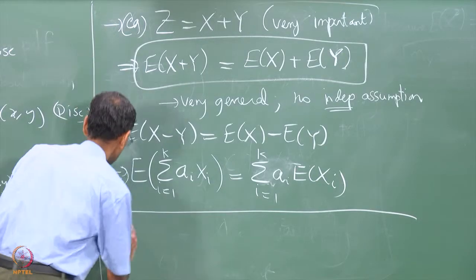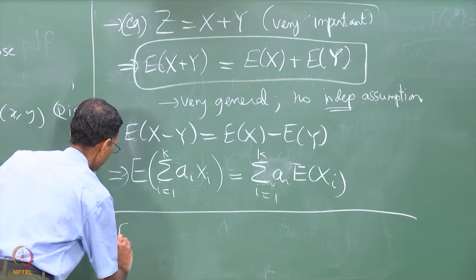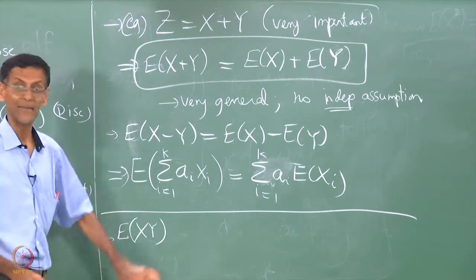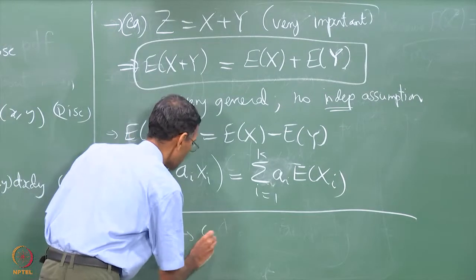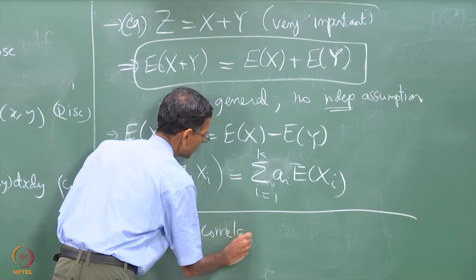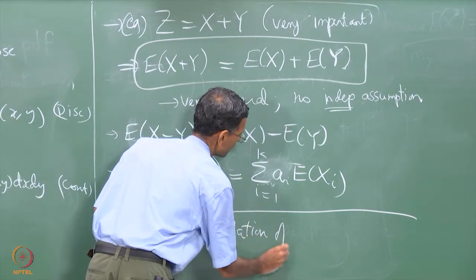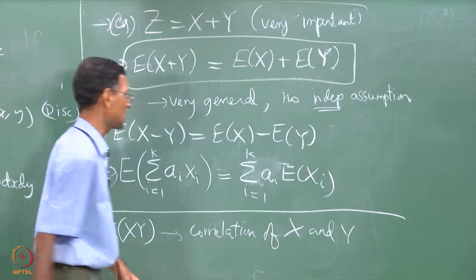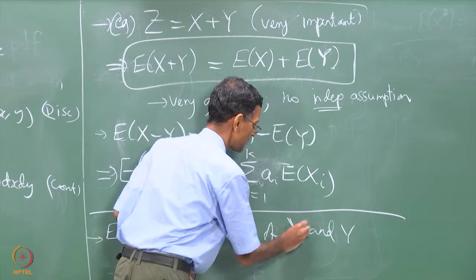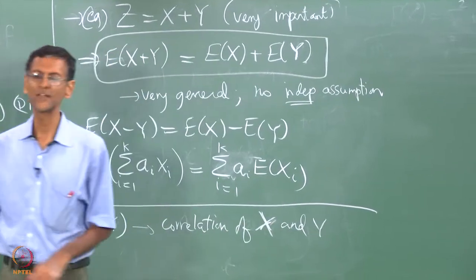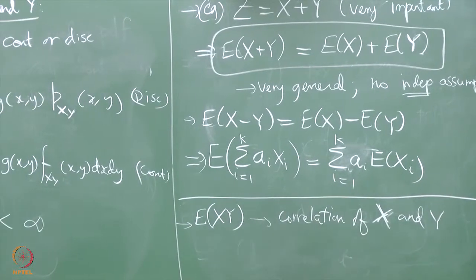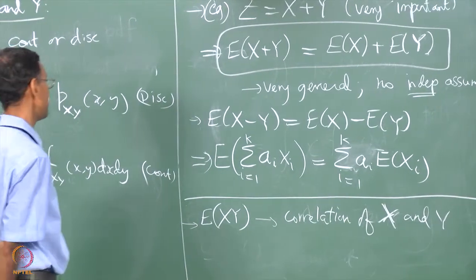So let me write this. E of xy, without giving a name to xy, is called the correlation of x and y. I am sure you people have used the word correlation in some other context, but E of xy is a precise mathematical terminology for the meaning of correlation.